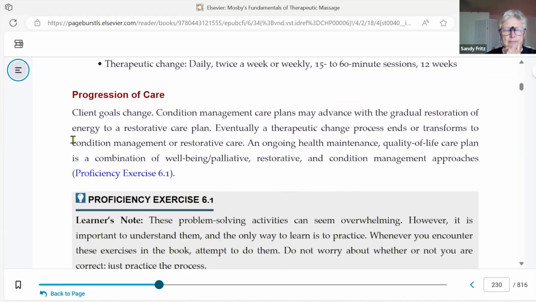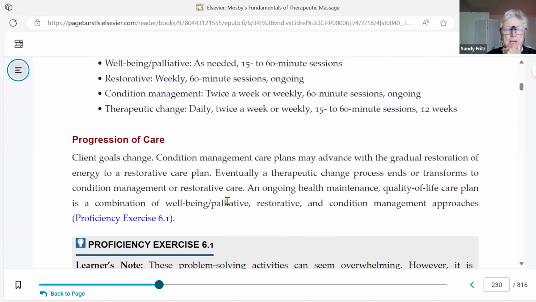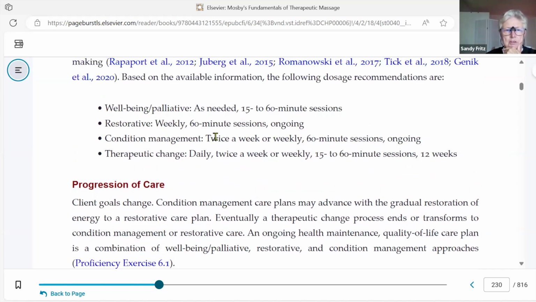We also have progression of care. Somebody may have an advancement in a condition management situation, and they had a lower limb injury, and they were working with healing that. That's not necessarily therapeutic change. That's more within the condition management arena.